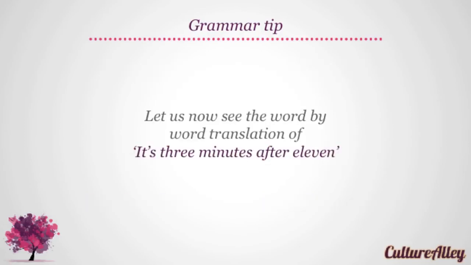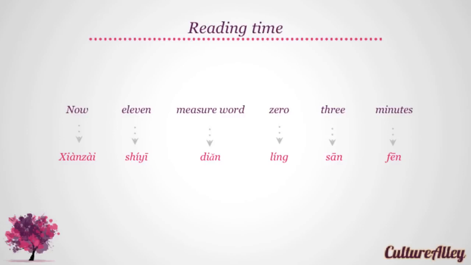Let us now see the word-by-word translation of the sentence, "It's 3 minutes after 11." Now translates to 现在. 11 becomes 11. Measure word will be 点. 0 is translated as 零. 3 is 三.